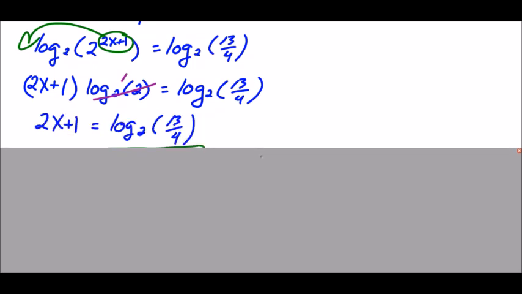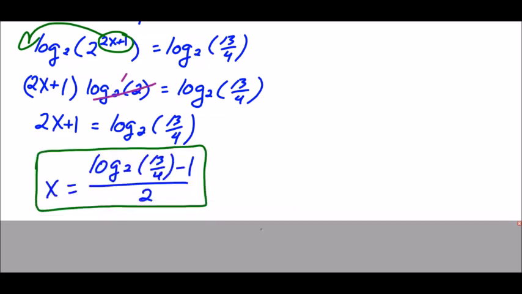So then our equation is going to be 2x plus 1 equal to our logarithm. And the goal of this whole thing is to solve for x, so we're going to subtract 1 from both sides, divide the entire right side of the equation by 2, and that's how you get x by itself.